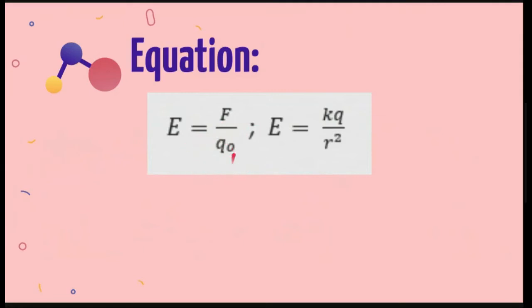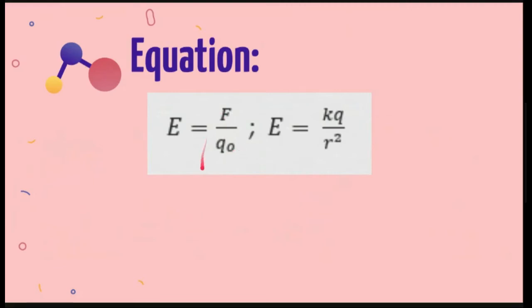A test charge is a very small charge, just to test that there is an electric field present. So if there are unknown charged particles present, then we have our test charge to identify that there is an electric field in the system.